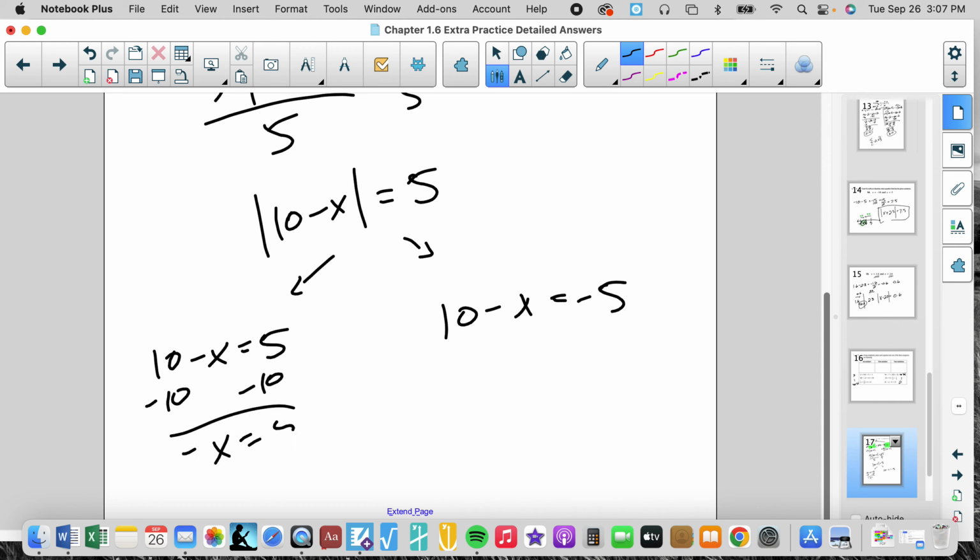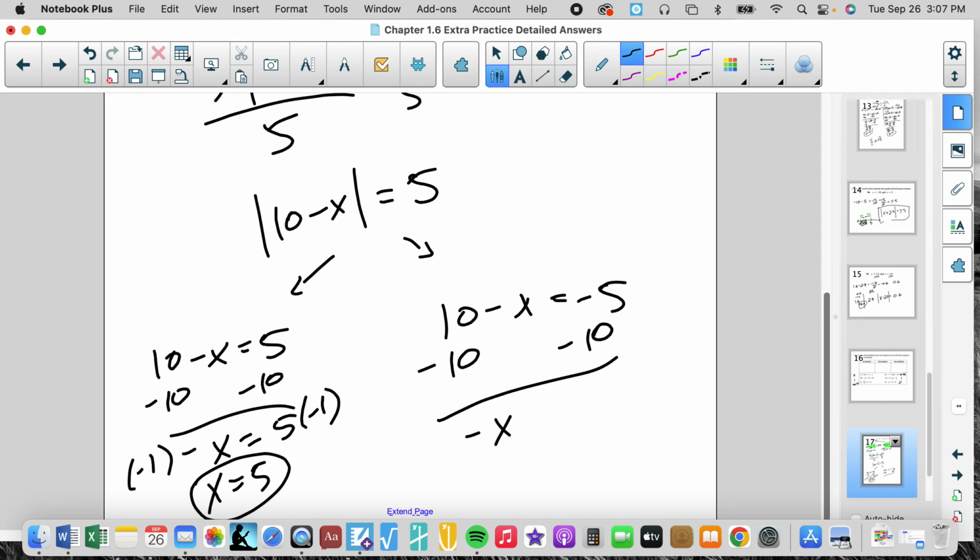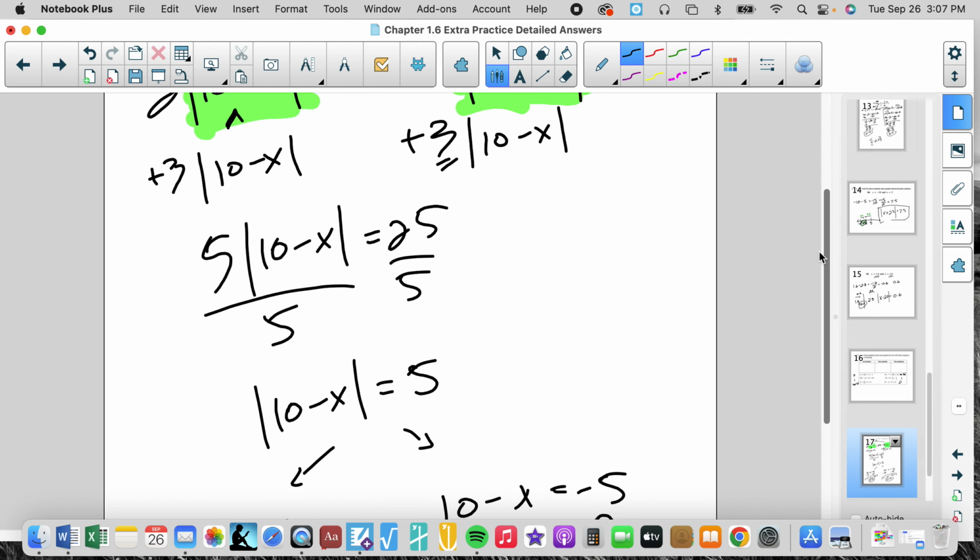Negative x equals negative 5. x equals positive 5 because I multiply both sides by negative 1. And the other case, we subtract 10. Negative x equals negative 15. Multiply both sides by negative 1. x equals 15. Let's check and see if both of those work.